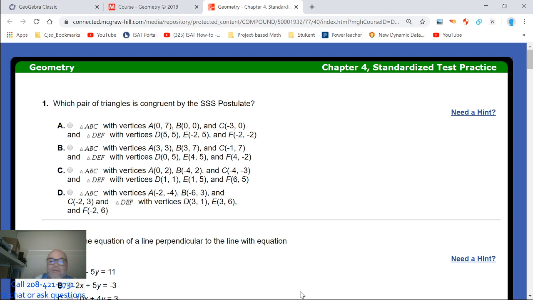And I'm not sure I would really ever vote for this kind of a question either. If I was writing a test, I would not write a question like this. And the reason is, all they're really asking you to do is do the distance formula over and over and over and over again. Well, let's just talk about what SSS is, and make sure we understand this question.